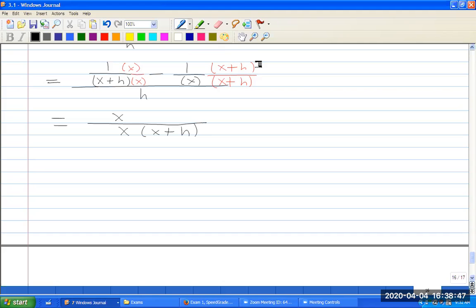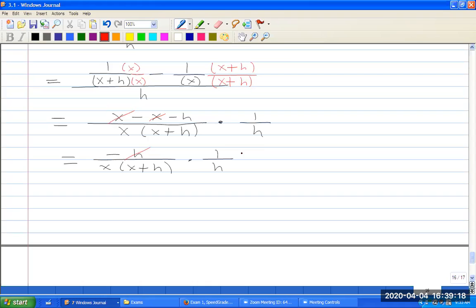So let's multiply that inside the parentheses. So we get a negative x minus h. And let's rewrite division by h as multiplication by its reciprocal, 1 over h. The x's cancel. And so I get that this is equal to negative h over x times x plus h, times 1 over h.